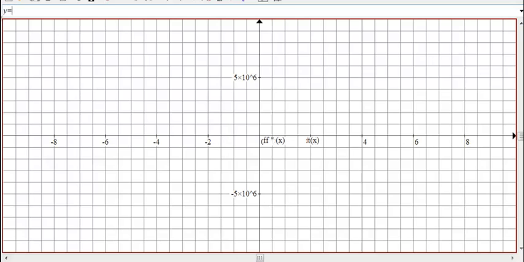Okay, so the original function was y equals parentheses 5x squared plus 3x plus 2 to the power 6.